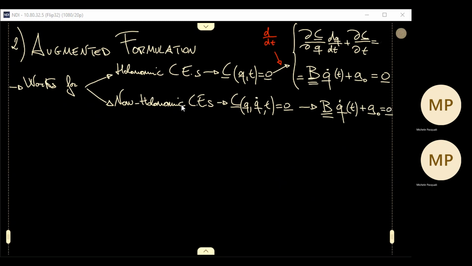So you see, this is kinematic non-integrable. These are kinematic integrable and geometric, okay, as you have said. Eventually both, so that's why this method works for them both, because both of these constraint types can be put into this form.